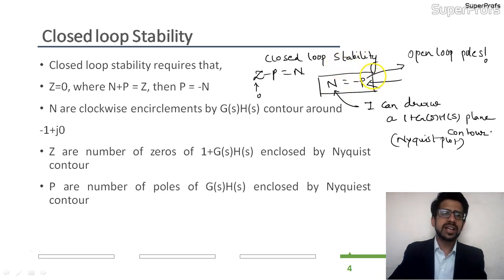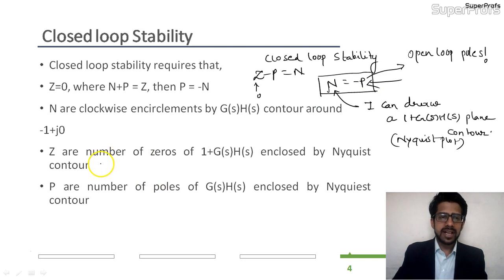So this is how you can determine the closed loop stability by just drawing the Nyquist plot and determining how many encirclements there are around -1 plus j0, and then looking at the number of poles or the enclosures of poles by Nyquist contour.